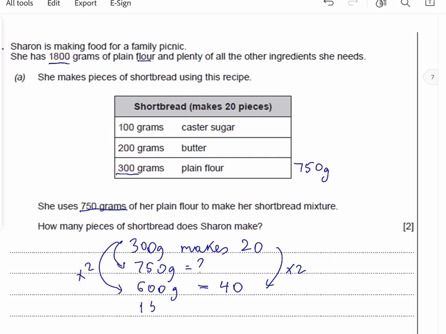And 150 left. That is like half of 300. So we're going to halve the shortbread as well. Pieces of shortbread, that is 20 divided by 2. And just add up these two amounts, which makes 750 grams. That is 50 pieces.